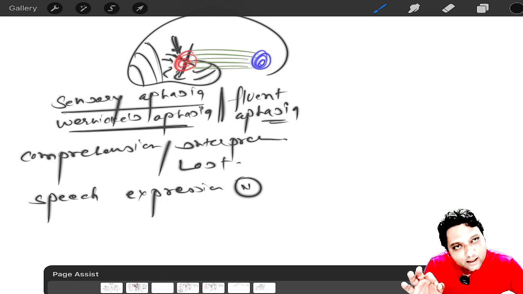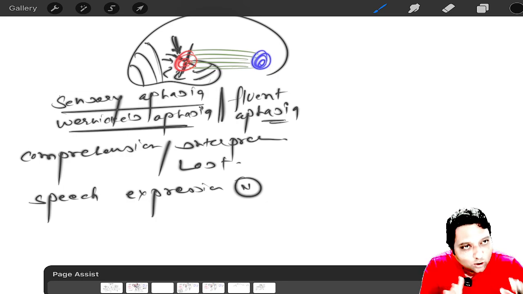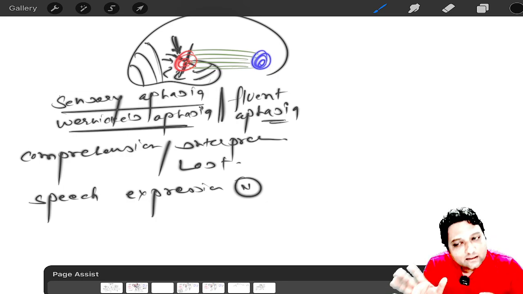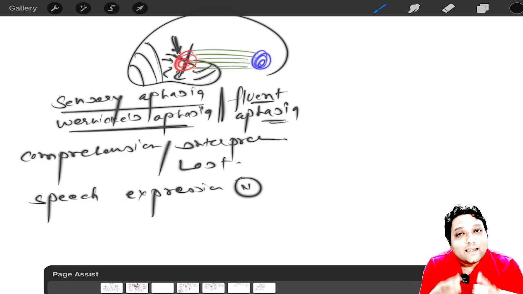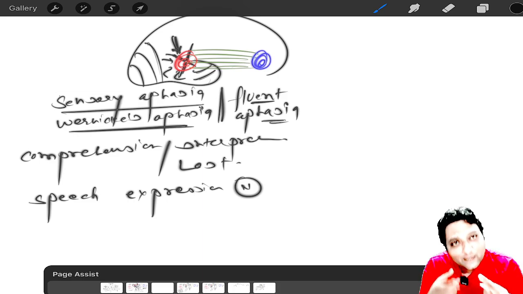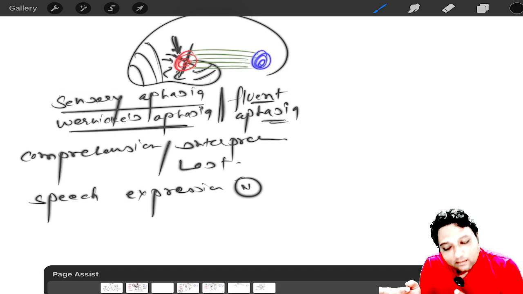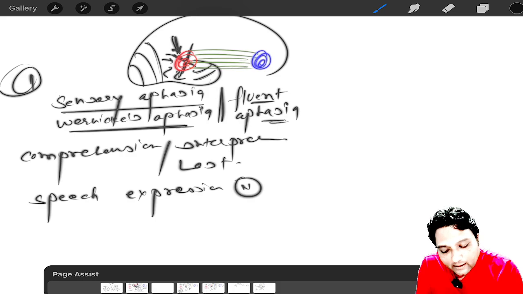So in this patient, comprehension and interpretation will be lost, but speech expression is normal. Patients speak but without making any sense. That's why it is called fluent aphasia. Why is it called fluent? Because the patient's speech is fluent. The patient can speak well, but without understanding or interpreting visual and auditory information. So this is the first type, sensory aphasia.